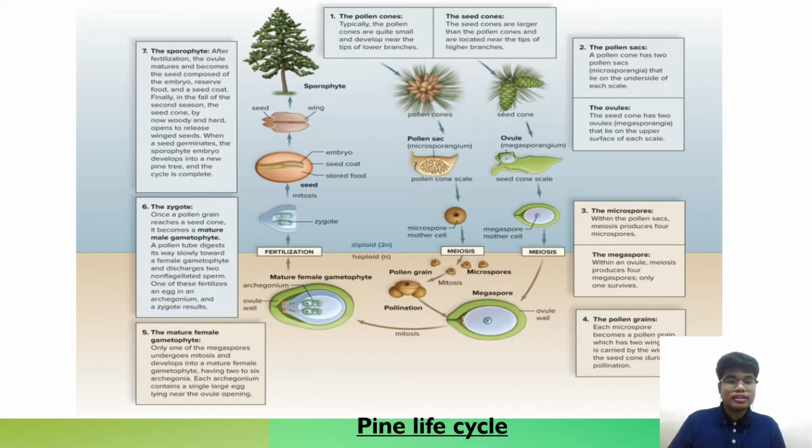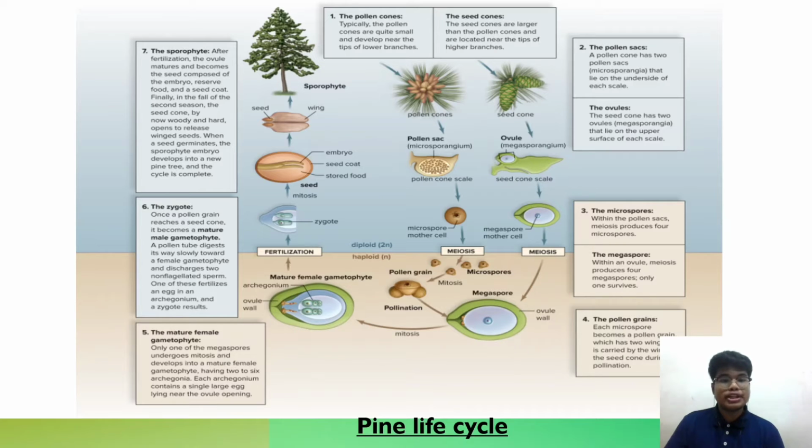Once the pollen grain reaches the seed cone, it becomes a mature male gametophyte. The pollen tube digests its way slowly towards the female gametophyte and discharges two non-flagellated sperm. One of them will fertilize an egg in an archegonium, and a zygote will form.